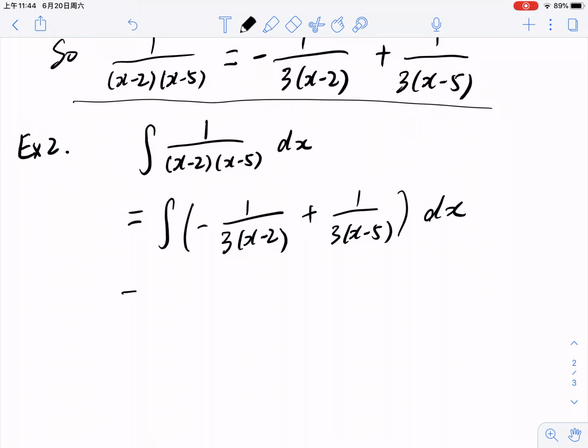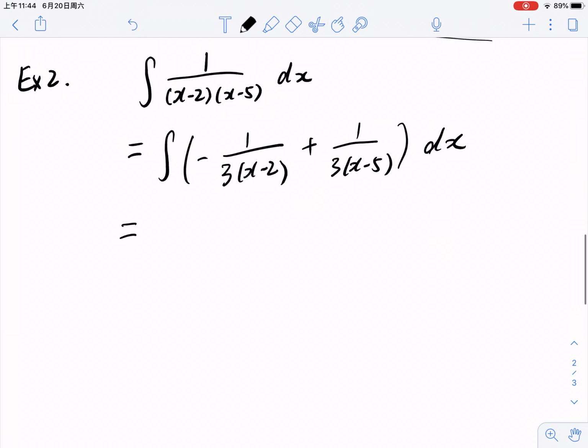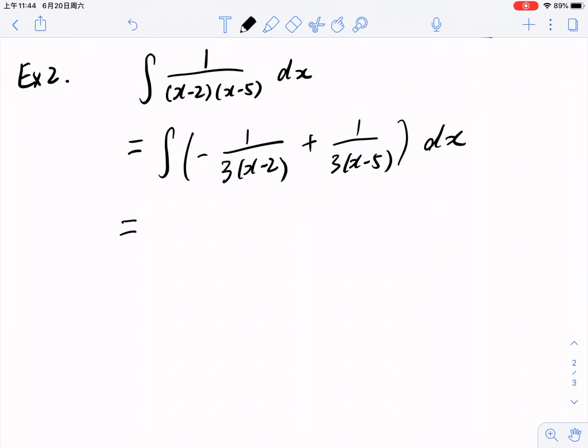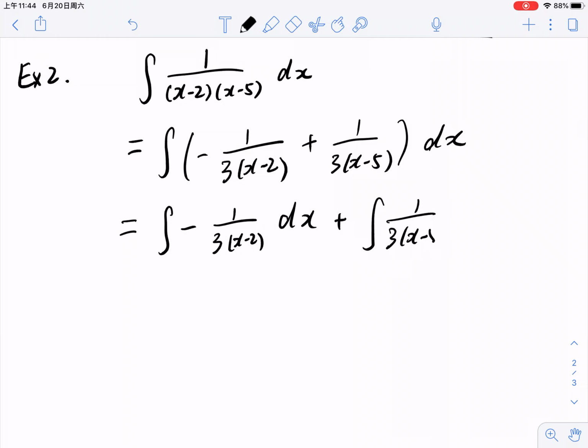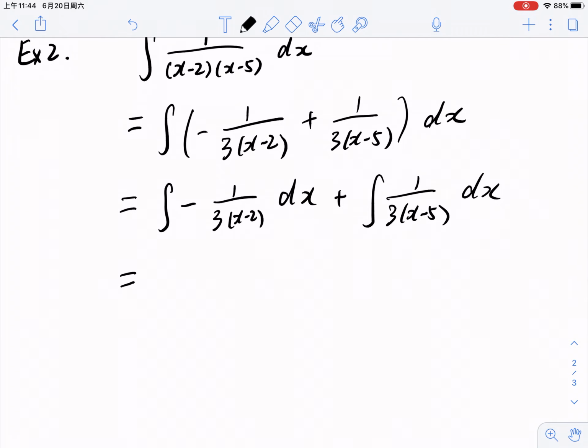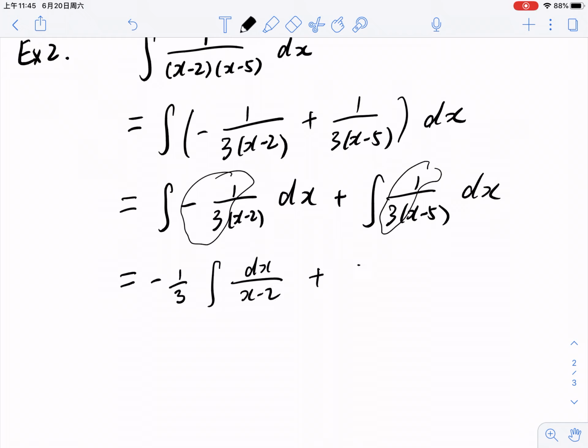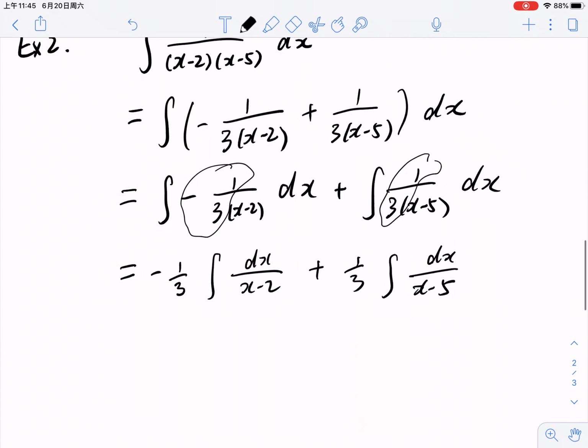So this is the integral of the sum of two functions. So it's equal to the sum of two integrals. It's the integral of negative 1 over 3(x minus 2) dx plus the integral of 1 over 3(x minus 5) dx. So for the constants, we can take them out. So this is negative 1/3 integral dx over x minus 2 plus 1/3 integral dx over x minus 5.